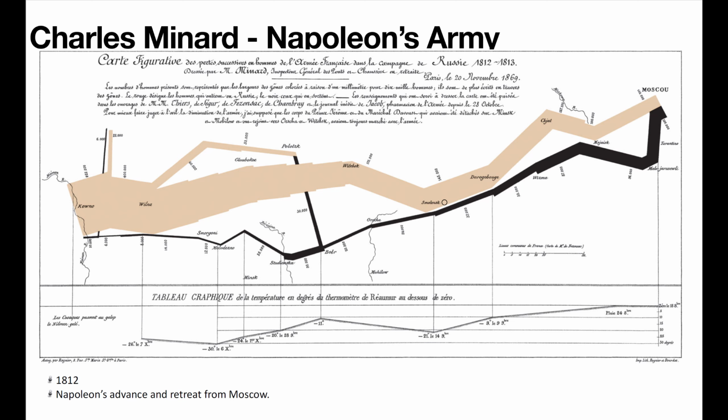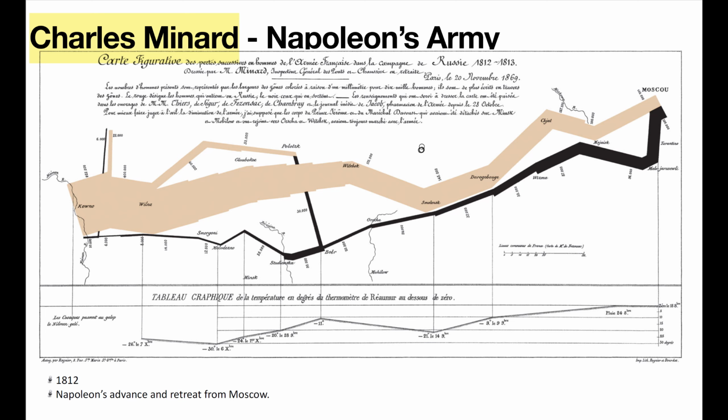This is a very famous image produced by hand by this fellow named Charles Minard, who is a French, I'm reluctant to call him a bureaucrat, but he was sort of an engineer slash bureaucrat. This image is regularly touted as one of the greatest graphical representations of information ever produced.